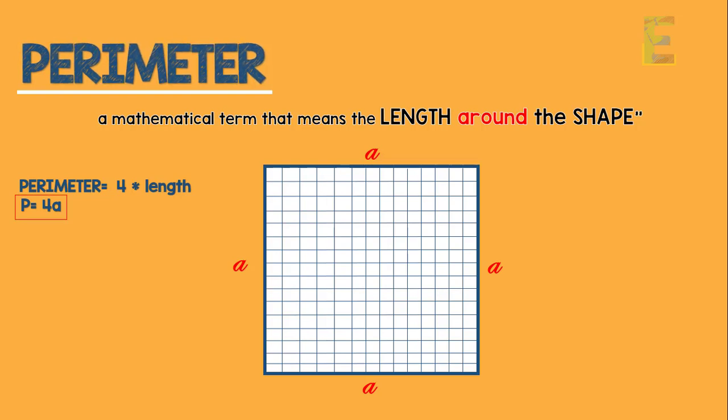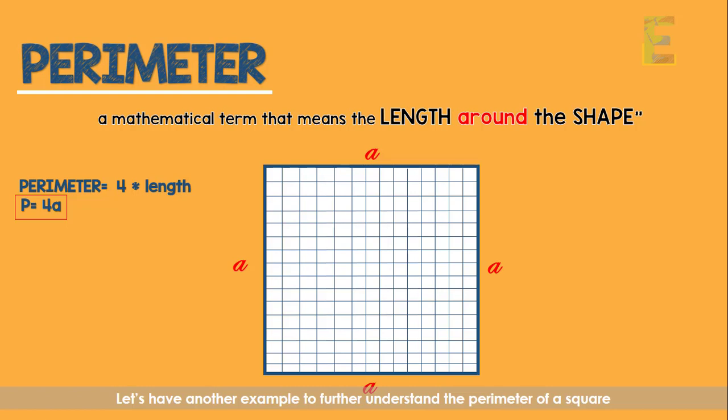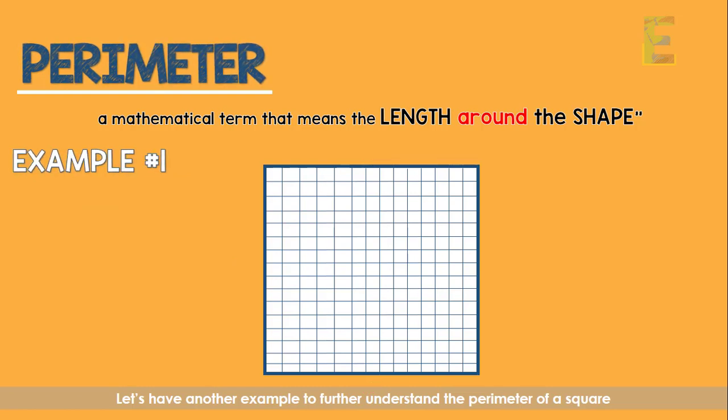So perimeter is equal to 4 times the length of the square. P equals 4A.